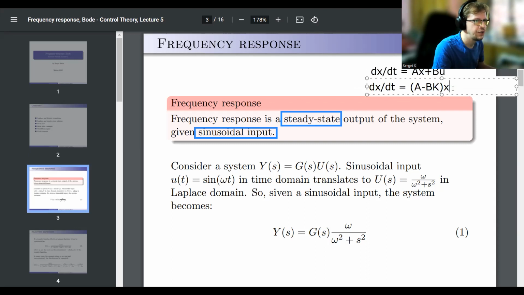And how did we get there? We got there by assuming that u is equal to minus Kx. All right. So this was our approach so far with respect to inputs.